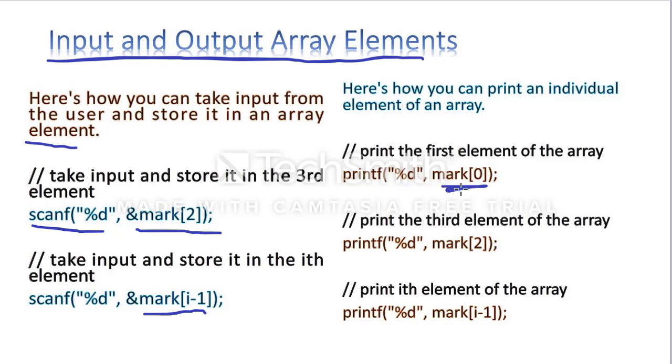Otherwise, if you want a particular location of that array, you can indicate the index value. For example, I am indicating here mark of 0, so it prints the value. What is the value stored at index 0? It prints 19. Next, what is at index 2? Here I have changed it to -1, so it prints -1.